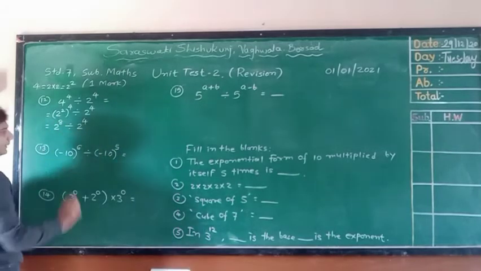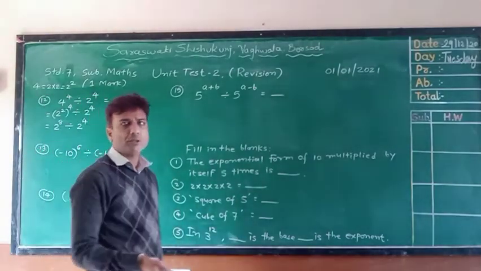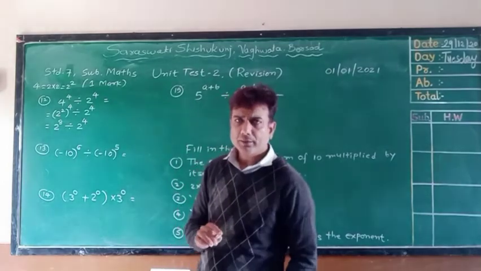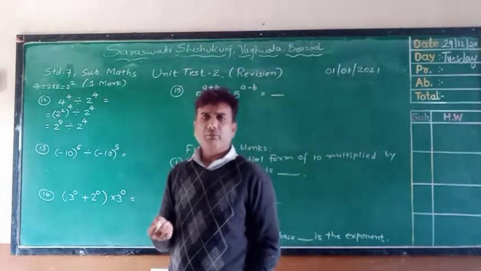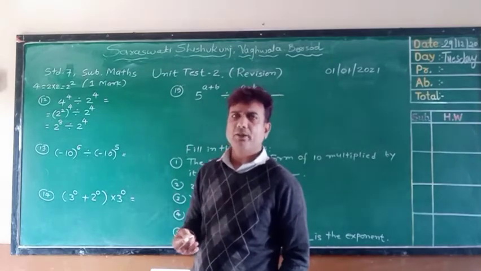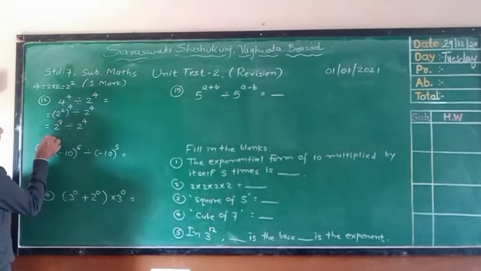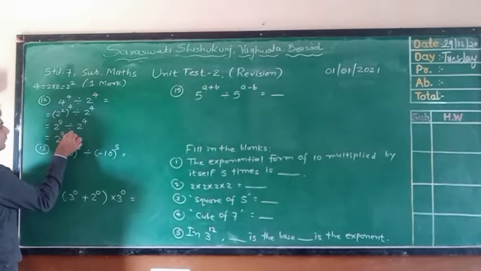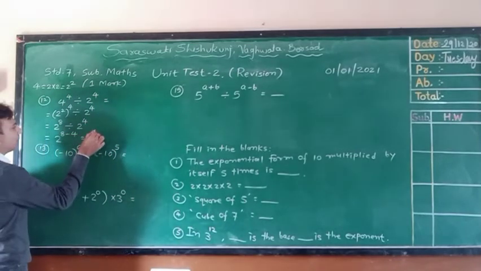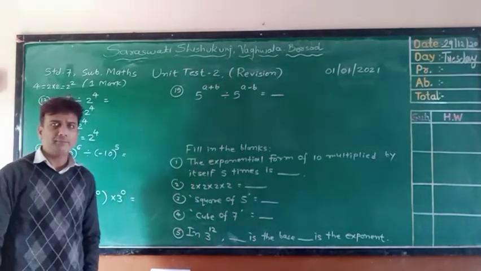Now both bases are the same because we converted 4 into a power of 2. Same base, division means subtraction of their powers. 8 minus 4. Is it clear? Very easy.